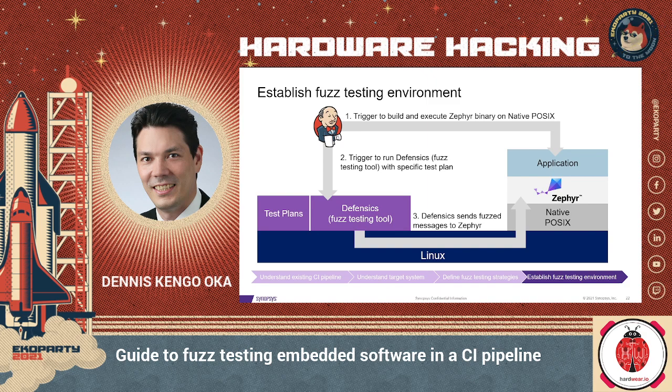As a second step, it triggers Defensics, which is the fuzz testing tool, to run with a specific test plan, for example, TCP or HTTP. We have these test plans prepared in advance. Then as a third step, Defensics will send these fuzz messages to Zephyr through native POSIX, running on the same Linux system. So all the testing is done in software.